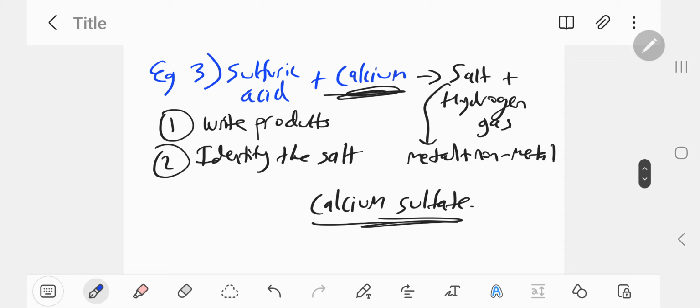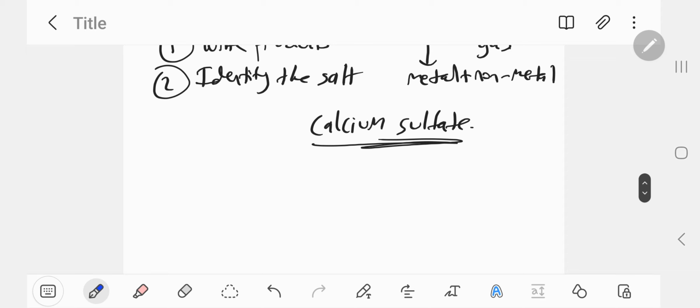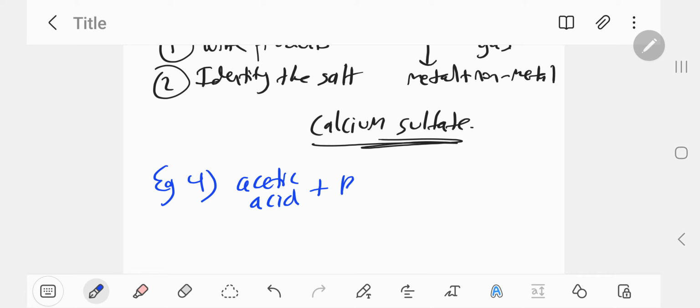Let's do another example. Example 4, the final example, I should say. Suppose you have acetic acid plus rubidium. Okay, going through the steps once again. Number 1 is to write the products.